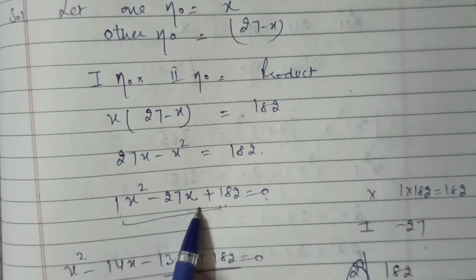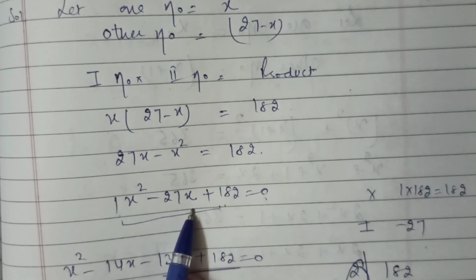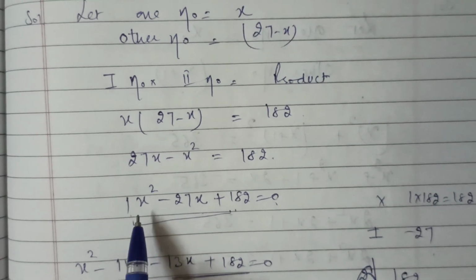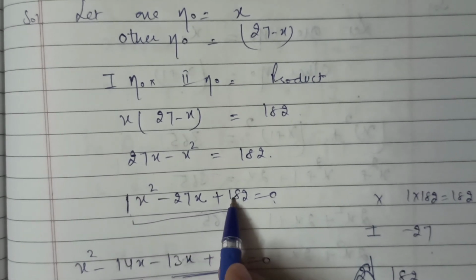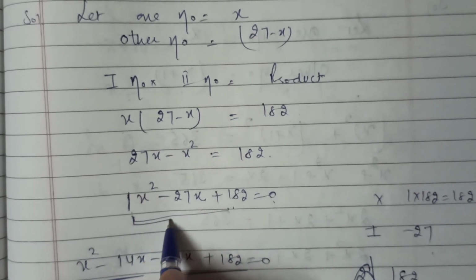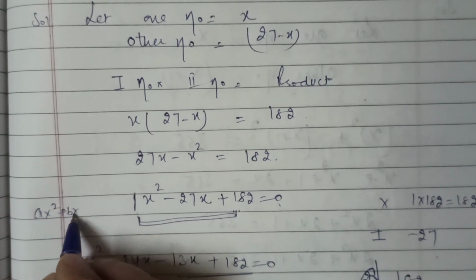Now we will find the roots of this equation by splitting the middle term. Clear? This is 1, this is 182. We compare with ax square plus bx plus c.